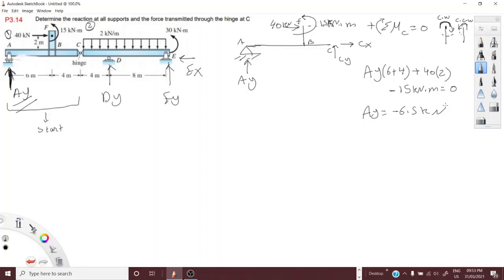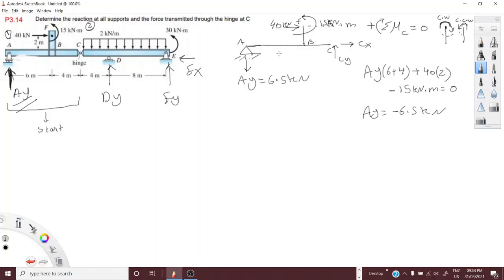Okay, guys, so we need to change its direction. So it will be downward, equal to 6.5 kilonewton.